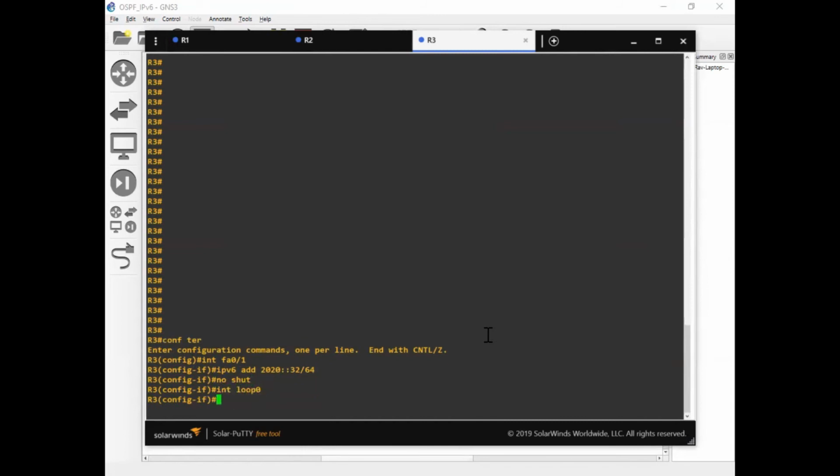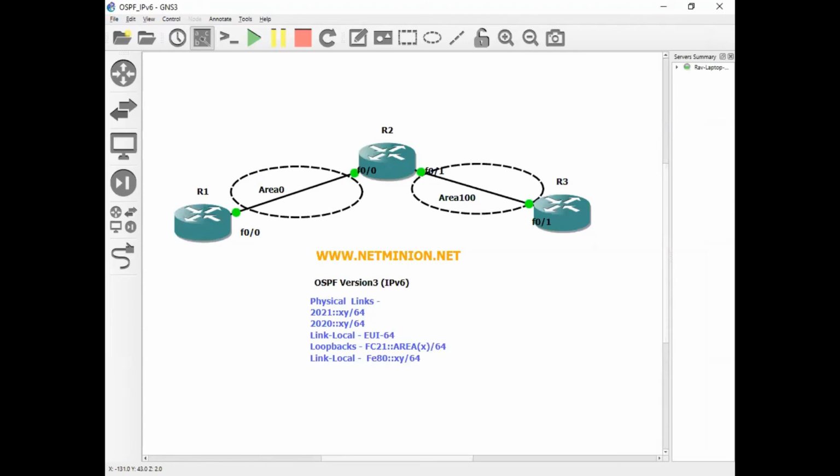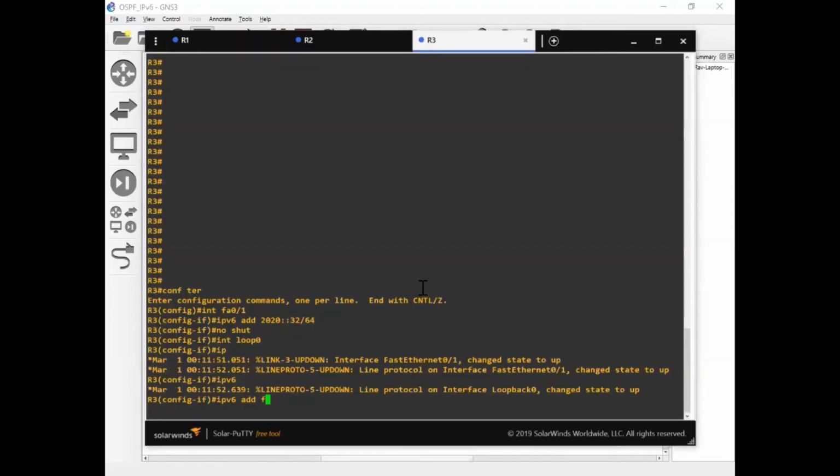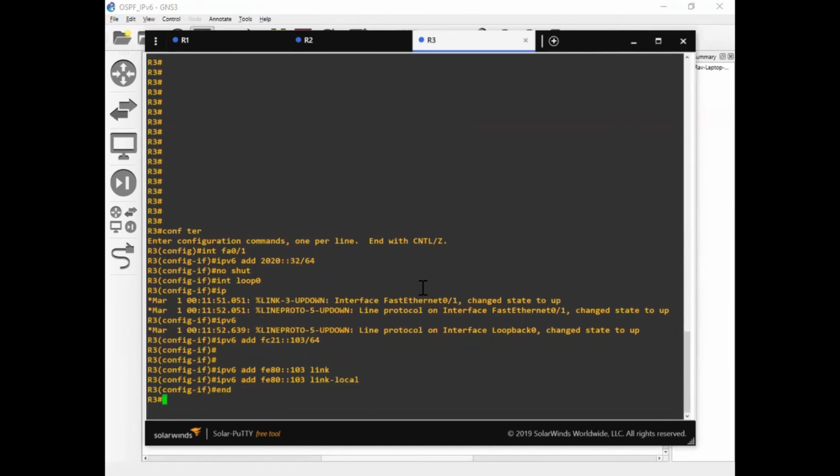Interface loopback 0, IPv6 address, and the IPv6 address is FC21. So let me just provide FC21/103/32, sorry, plus 64, and then for link-local, I need to provide IPv6 address FE80/103 link-local, and WR.